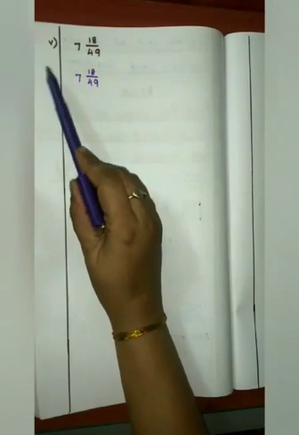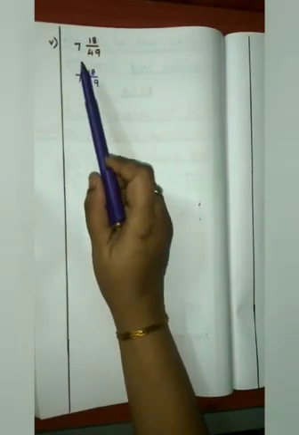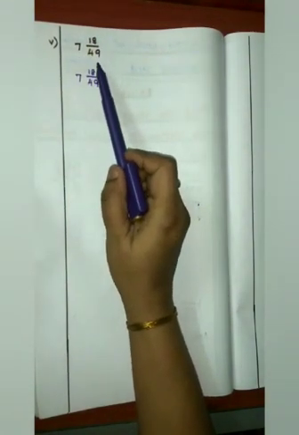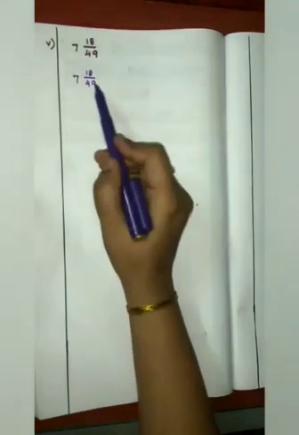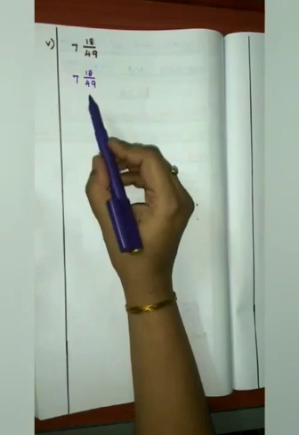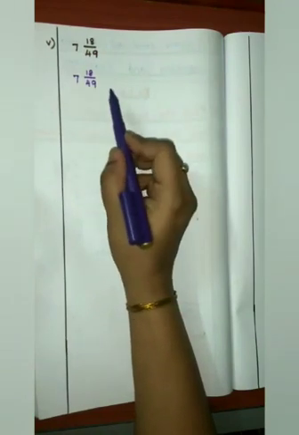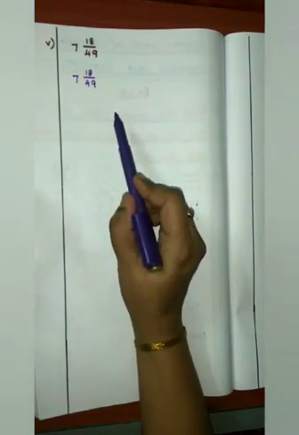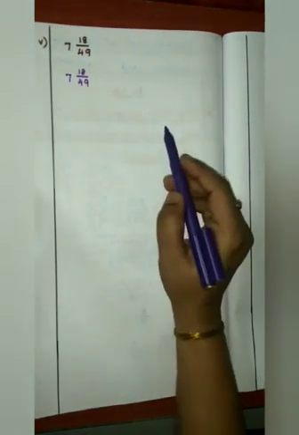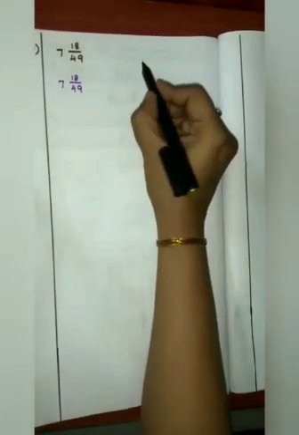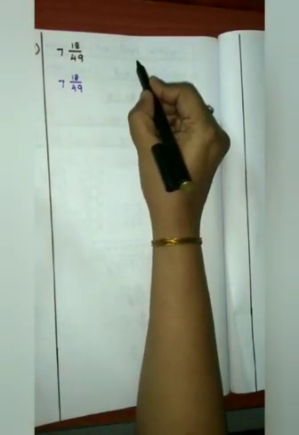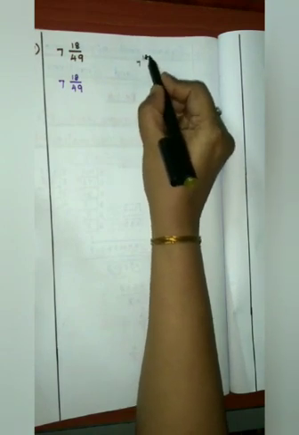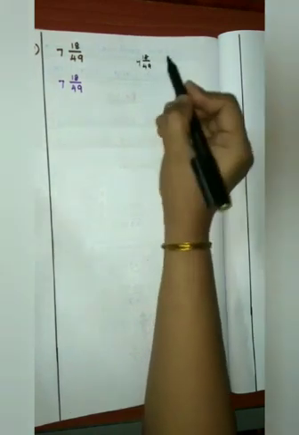Next problem, 5th subdivision. We are asked to find square root of 7 18 by 49. What type of fraction is this? This is mixed fraction. So first you convert this into improper fraction. You all know how to convert mixed fraction to improper fraction, but let me explain quickly. 7 18 by 49.